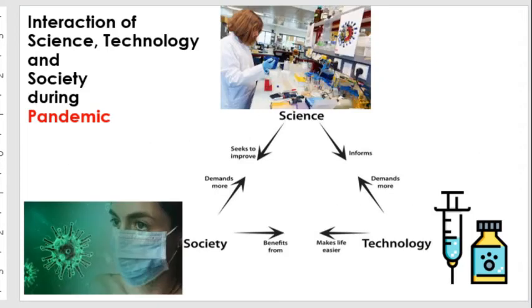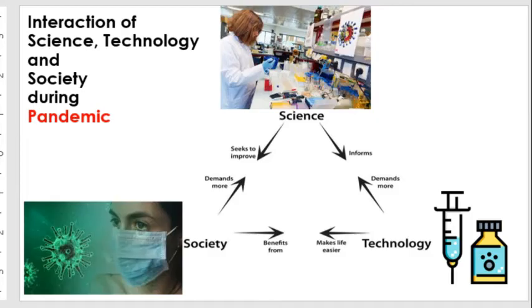So this one is the interaction of science, technology, and society during the pandemic. Here I have the triangle, the 6-way relationship of science, technology, and society. Then I have here the picture. The first picture, which is the society, talks about the society who is experiencing the pandemic.